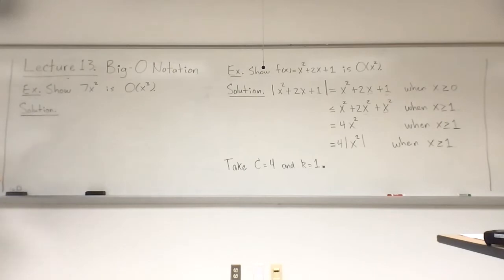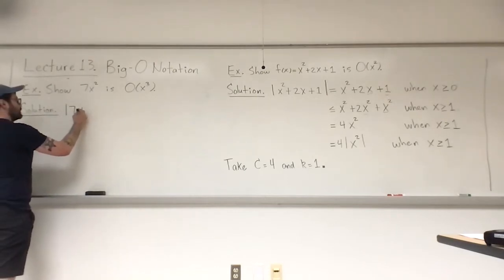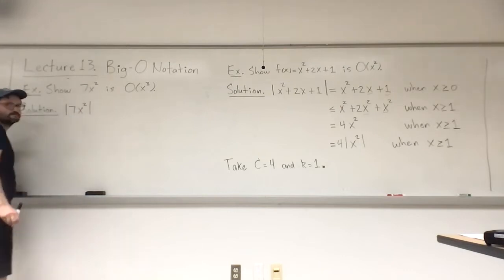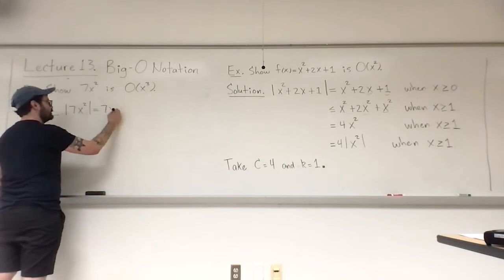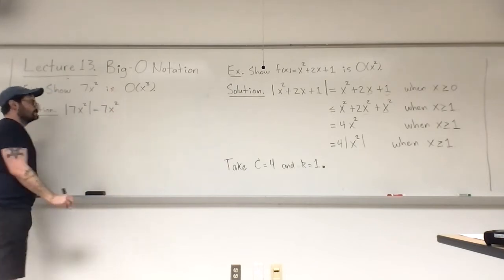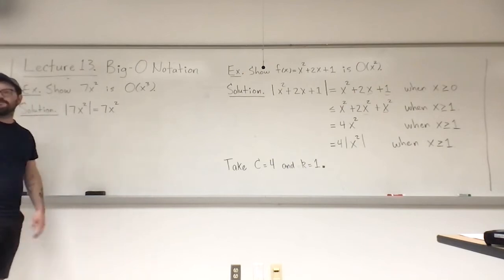Okay. So just look at the absolute value. This is equal to 7x squared. That's always positive in there. We don't have any conditions on x, it's just positive, right?